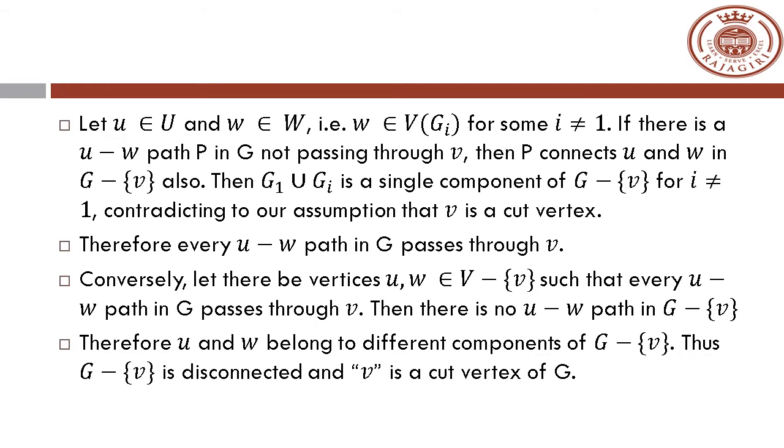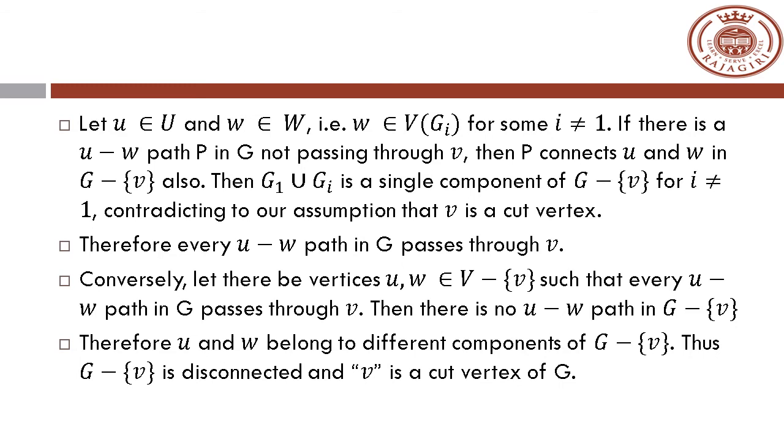Take U as an element of the vertex set U, that is the set of vertices in the component G1, and W belongs to capital W. That means a vertex from the remaining components G2, G3, etc., Gk. W belongs to capital W means W must be a vertex of at least one component from G2, G3, etc., Gk.